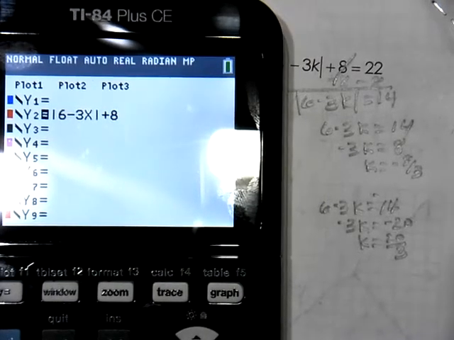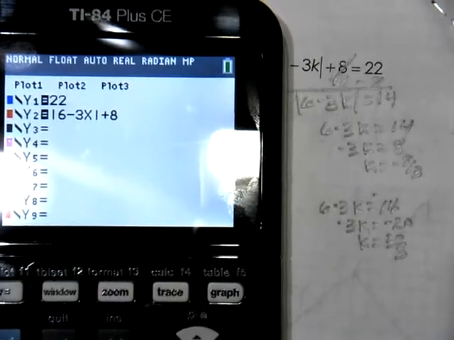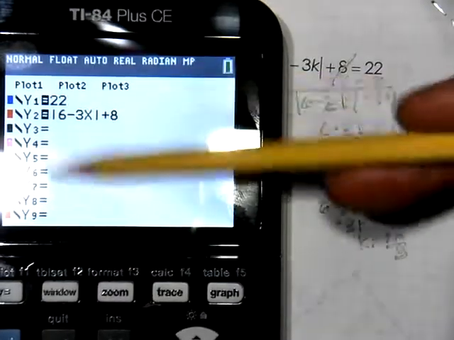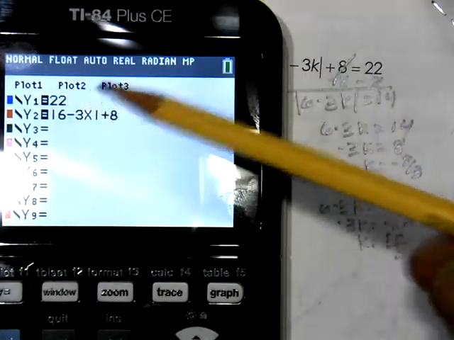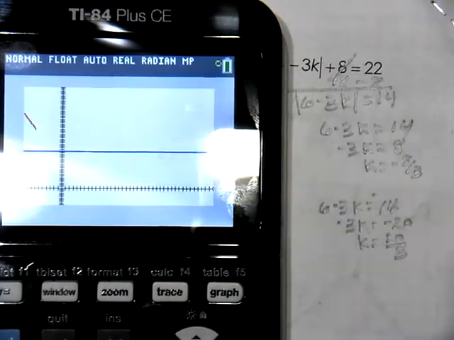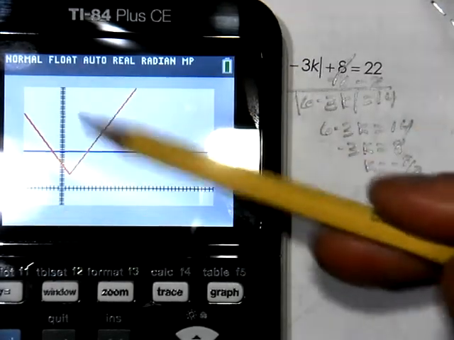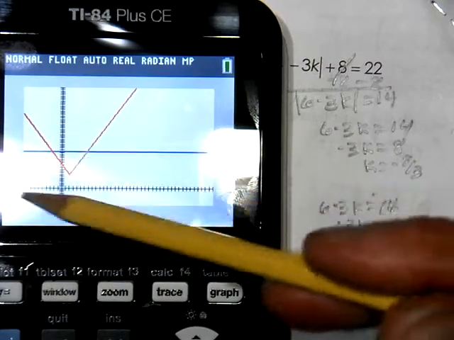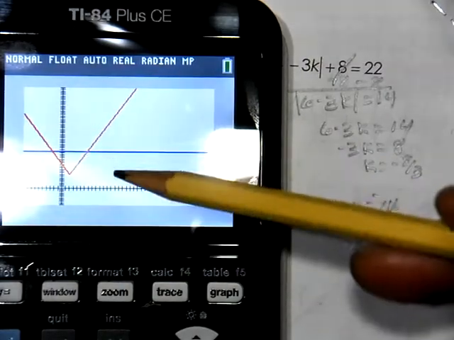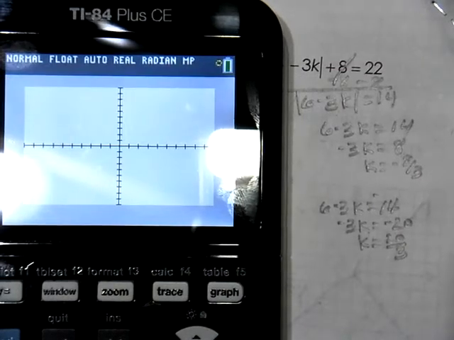That's what we have. Our other equation is 22. It doesn't matter where you write them. Just be sure that when you graph it, you get your 22, and then you get your absolute value. Now this is kind of funny looking. I had my windows from a different problem. So hitting zoom number 6 puts it back to this normal way to graph.